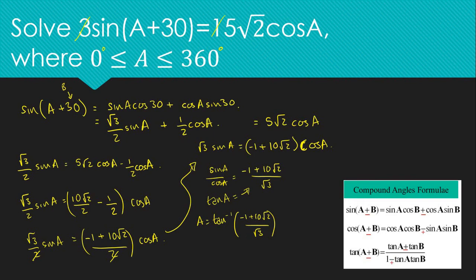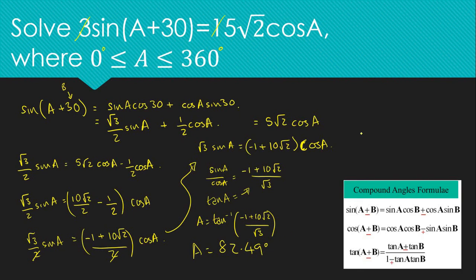So we'll try to find out what that thing is. Type it into your calculator, making sure that you're in degrees, obviously, and you're going to get that A is equal to 82.49 degrees.